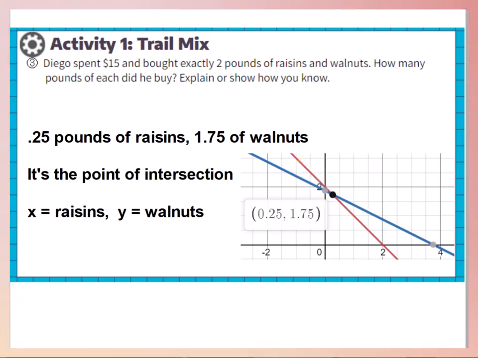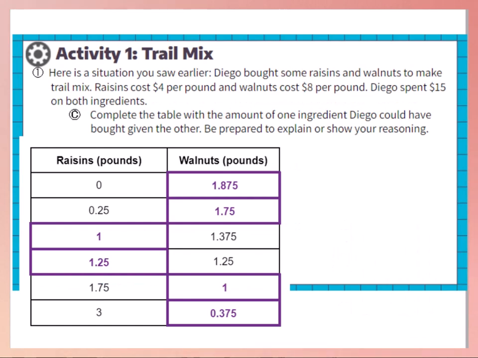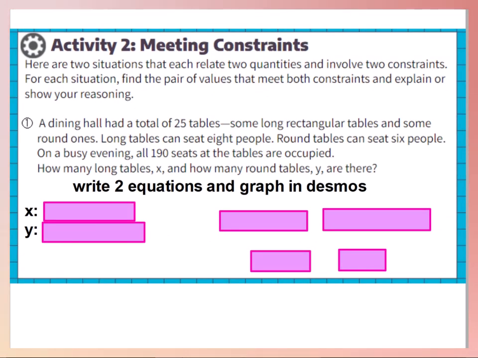So remember what those two equations were. X plus y equals 2. And then that first equation, 4x plus 8y equals 15. So this is leading us into the next lesson, where we can write two equations and find where they intersect.